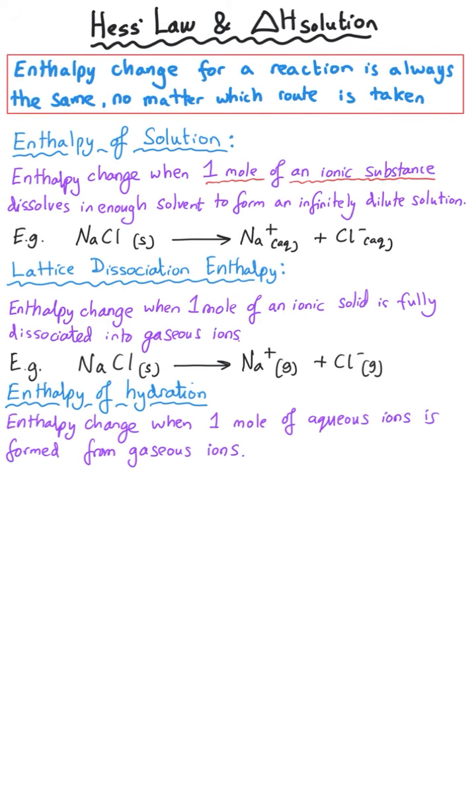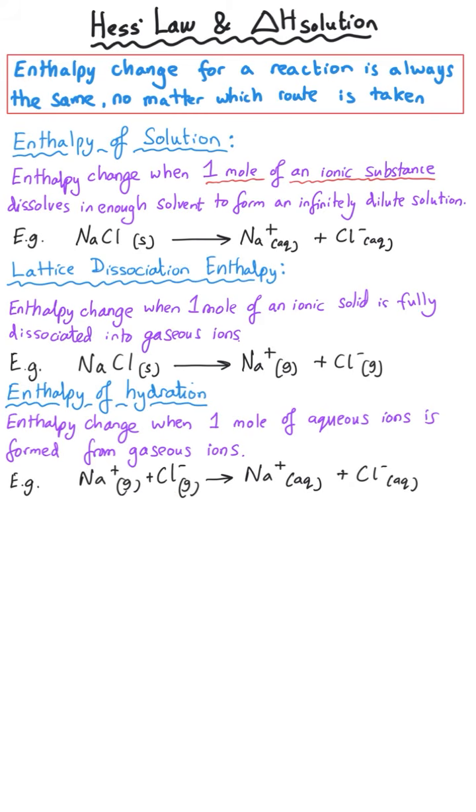This is where you've got the gaseous ions, so Na+(g) turns into aqueous ions, so Na+(aq). And the same thing for the chloride ions. And you can take these enthalpies of hydration separately, or you can hydrate them both simultaneously, but the enthalpy change for this reaction will be the sum of the individual hydration enthalpies.